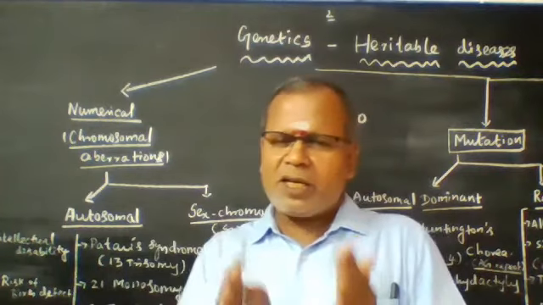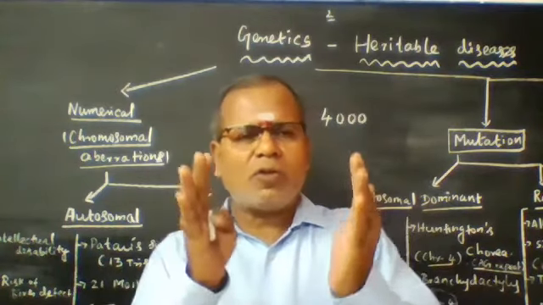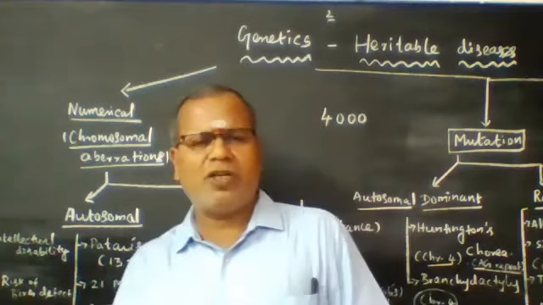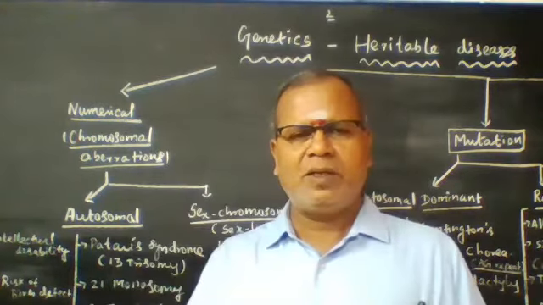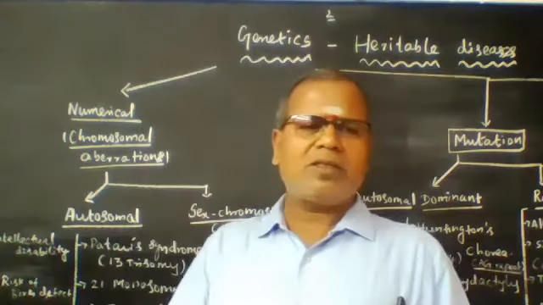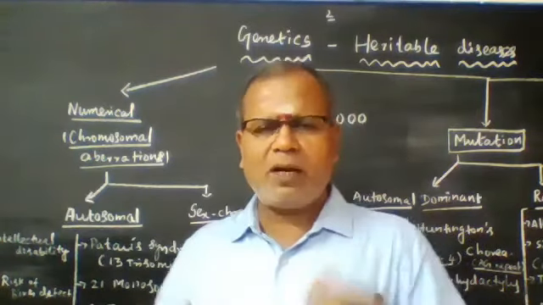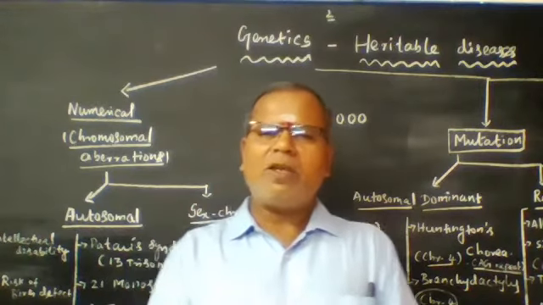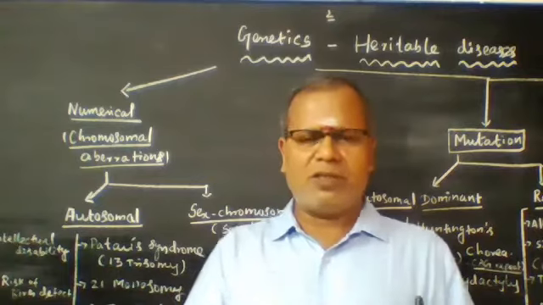So variation in the chromosome number or chromosomal set number is said to be numerical chromosomal aberration or abnormality. The heritable diseases may be due to numerical chromosomal aberration, and they may be due to mutation.